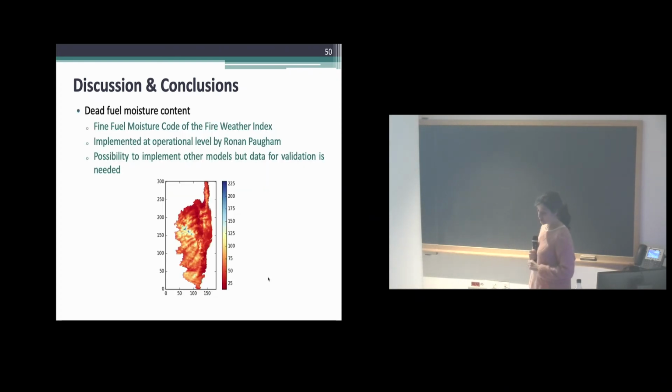For the fuel moisture content, the problem is that we don't have data for validation. So the fine fuel moisture code was implemented, which gives us an insight of the fuel moisture content, and it was implemented at operational scale every 10 minutes by Ronan, who is here.